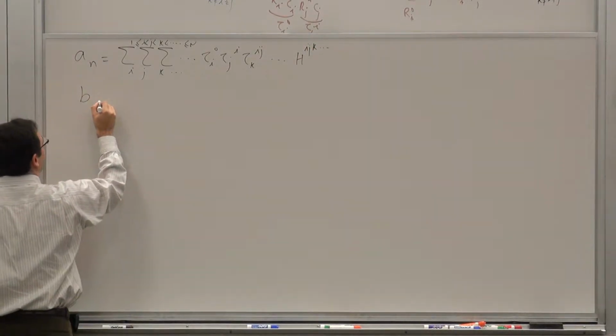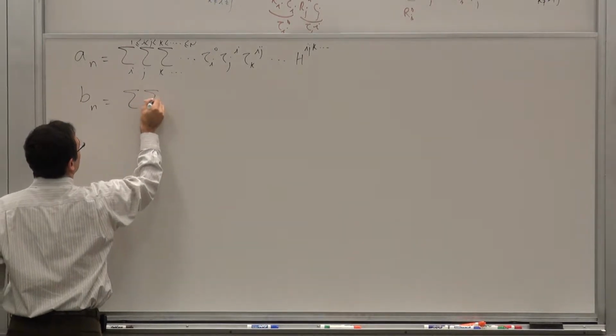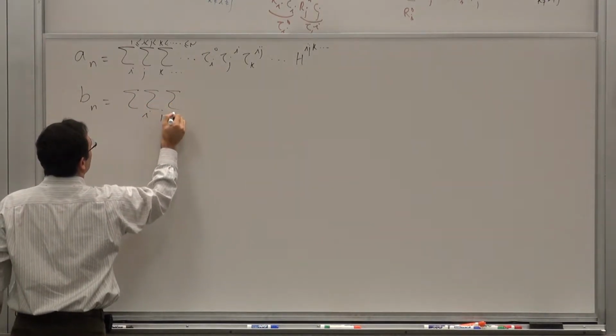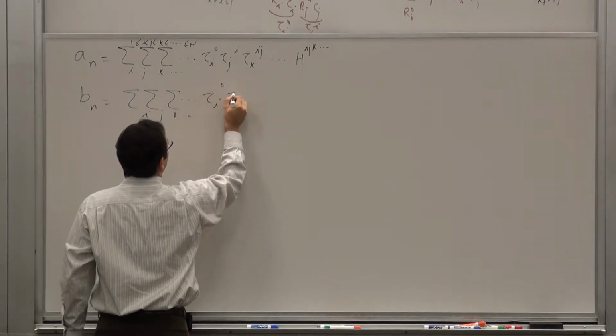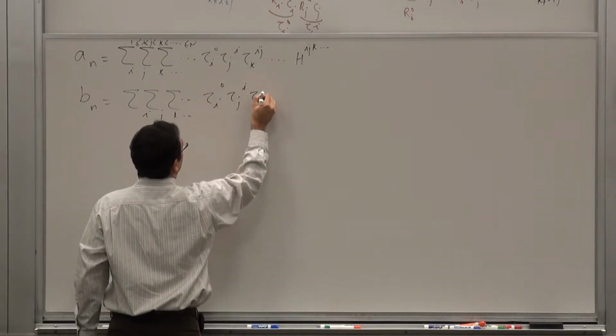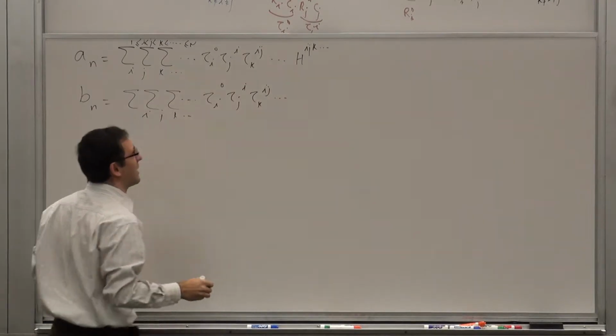And Bn is a similar sum, i, j, k, etc., multiple sums, tau i0, tau ji, tau kij, all the way, without the H.